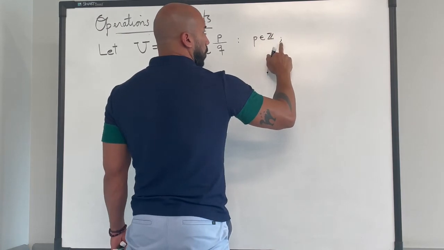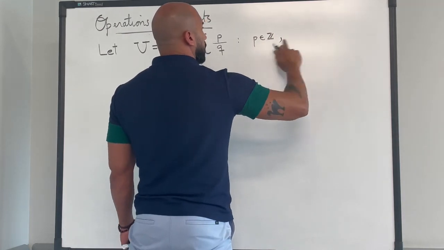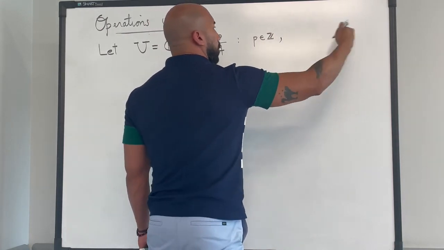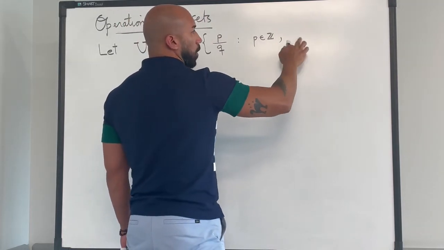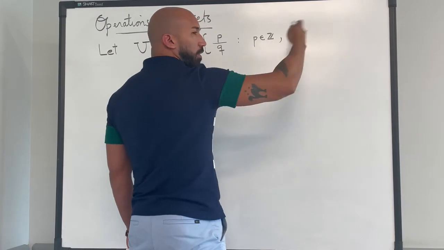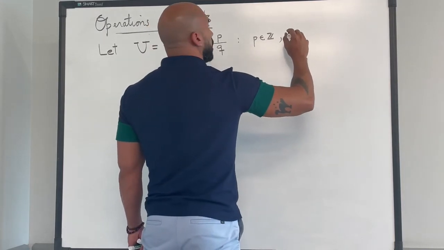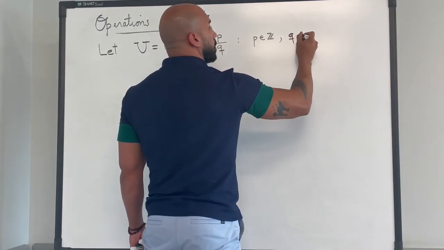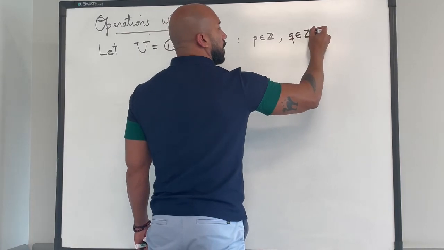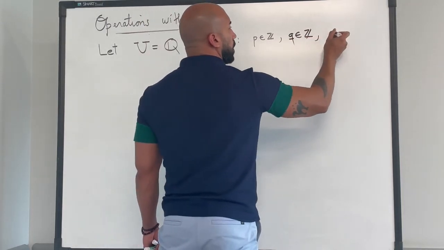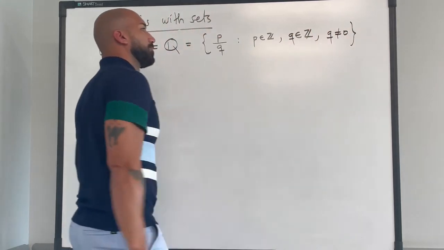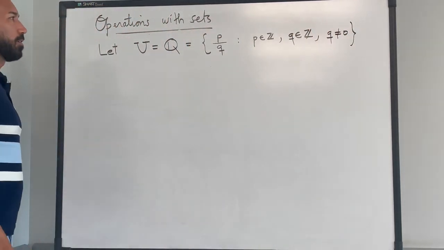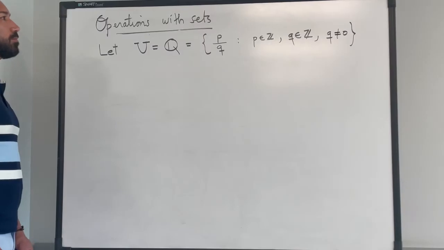When the property that we are using is a compound property, I will use a comma to separate everything that needs to be satisfied. Q is also an integer, and obviously Q must be different from zero. Is that okay?